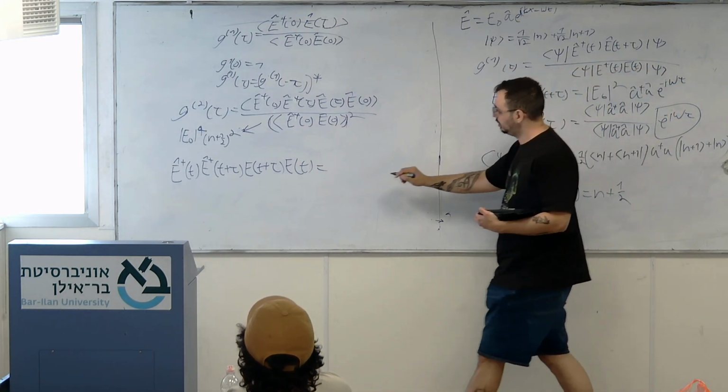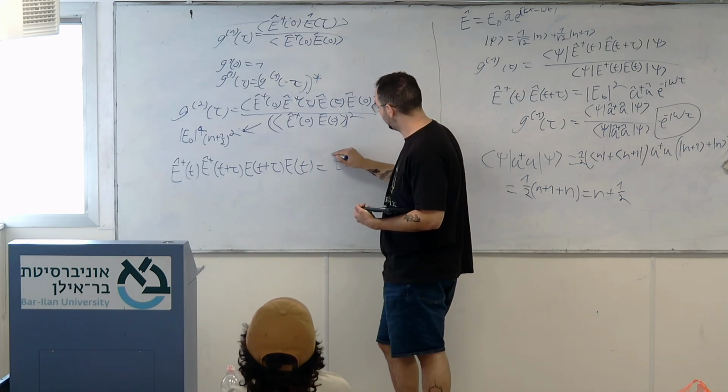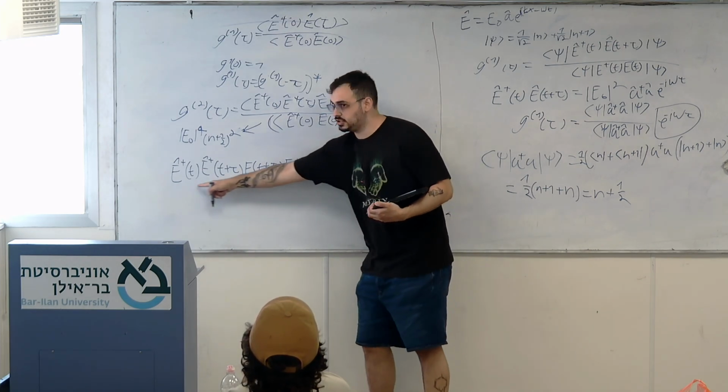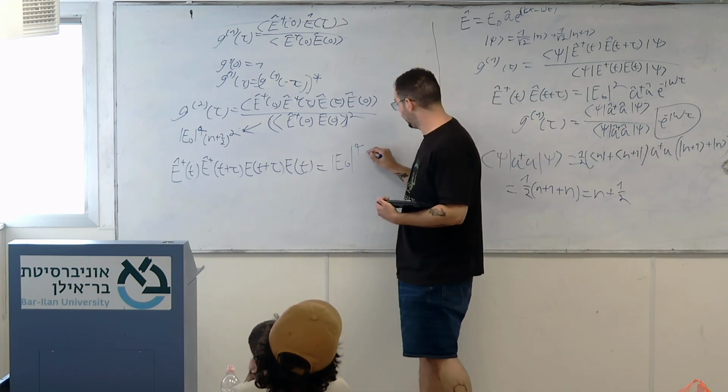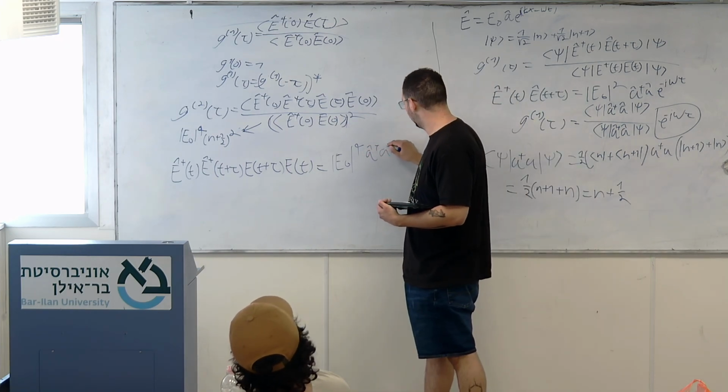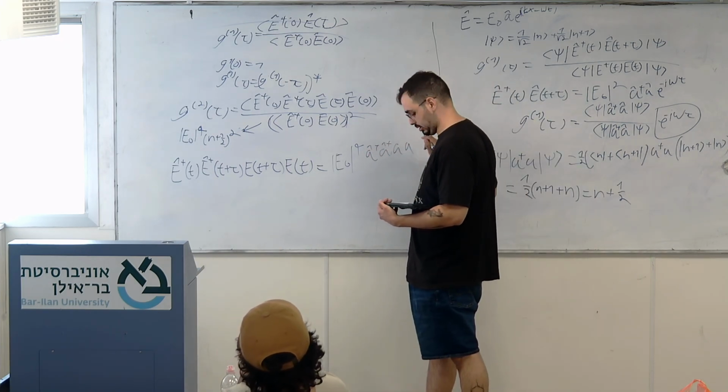Plus we'll get E0 absolute value to the power of 4. Since we have 4 terms here, and counting the operators inside, we have A dagger, A.